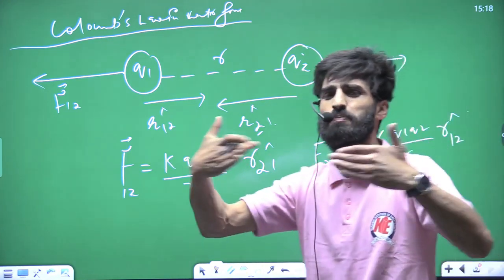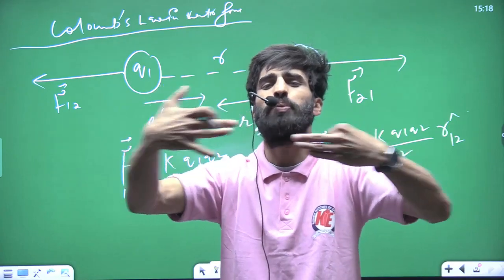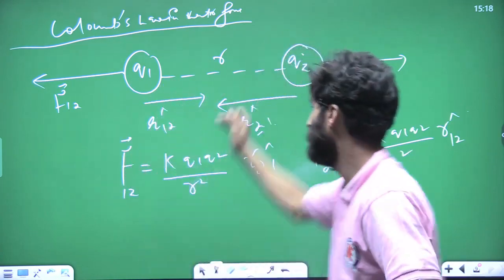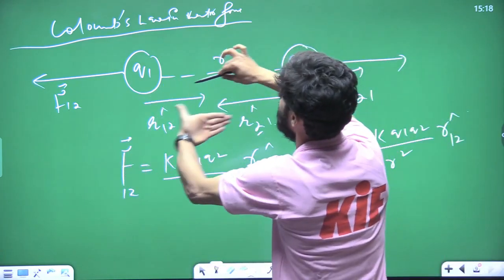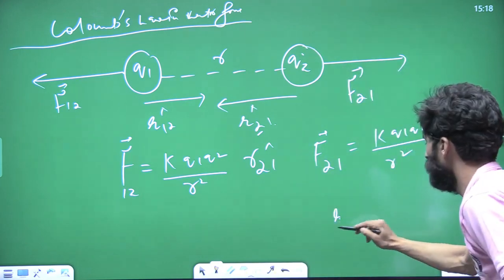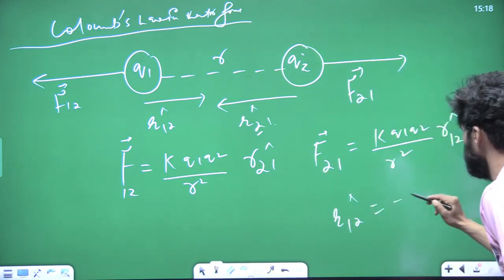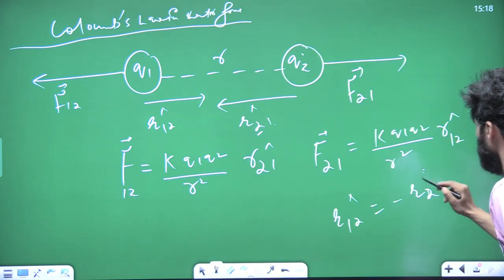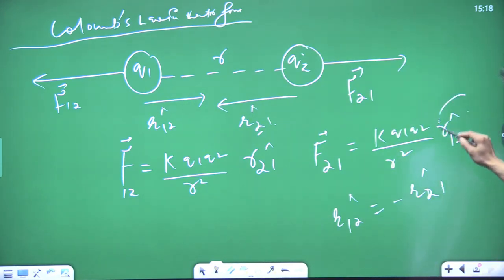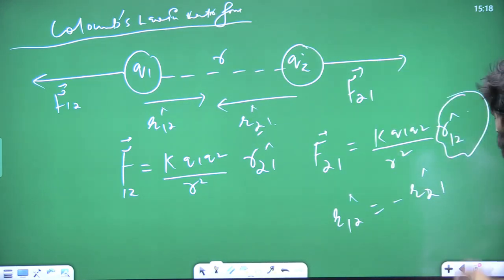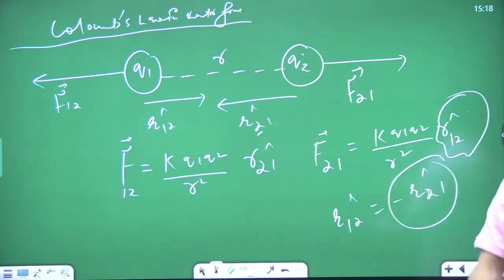But we know that these position unit vectors are opposite. See Maria, these both are opposite. So I can write R12 cap is equal to minus of R21 cap. So instead of R12 cap, I am going to write, my dear student, minus R21 cap.